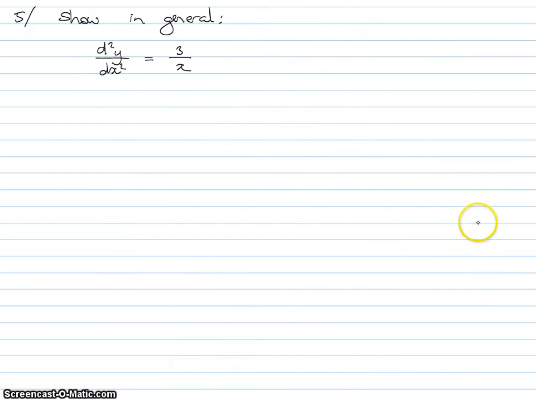The second part asks us to prove that in general, d squared y by dx squared is equal to 3 over x. Well, if you recall, we start with this equation: x dy dx is equal to 3x plus y. So what are we going to do? We're going to differentiate both sides of this equation.